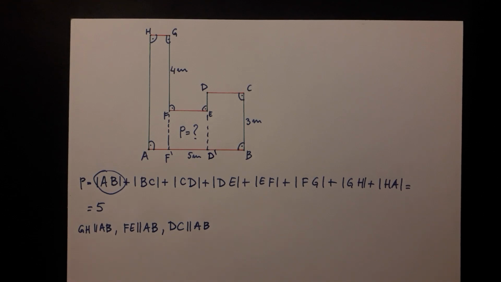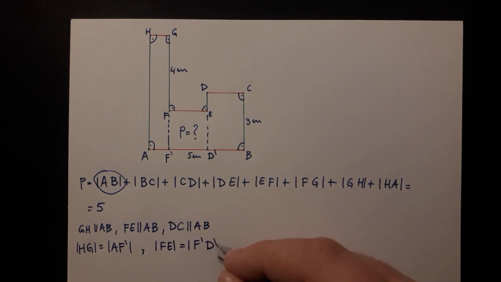So we know that HG has the same length as AF prime. We know that FE has the same length as F prime D prime.